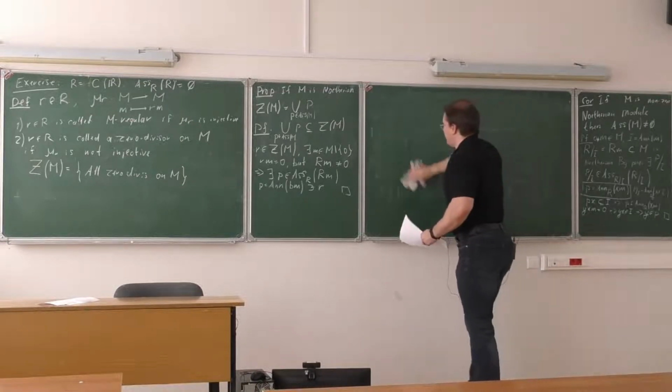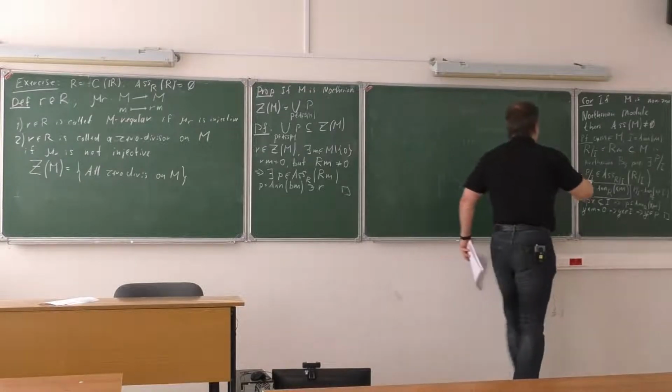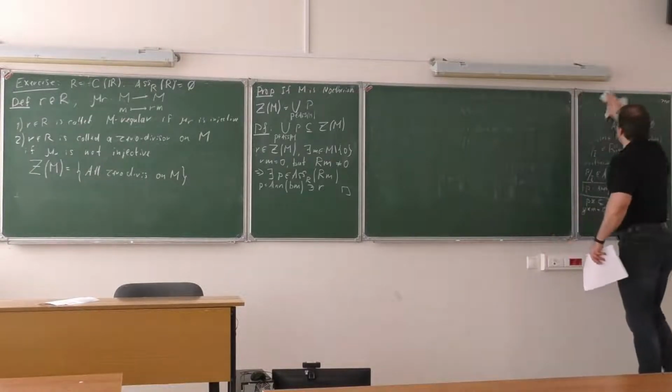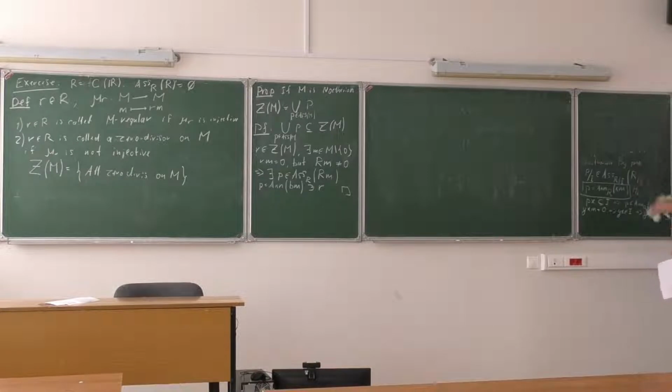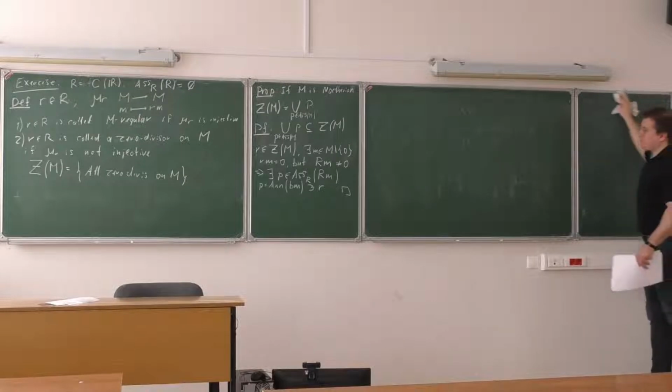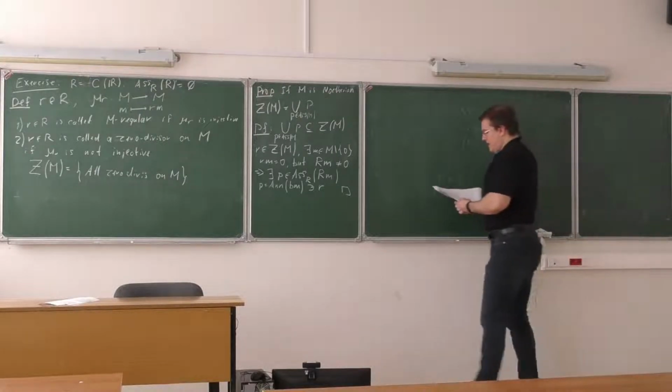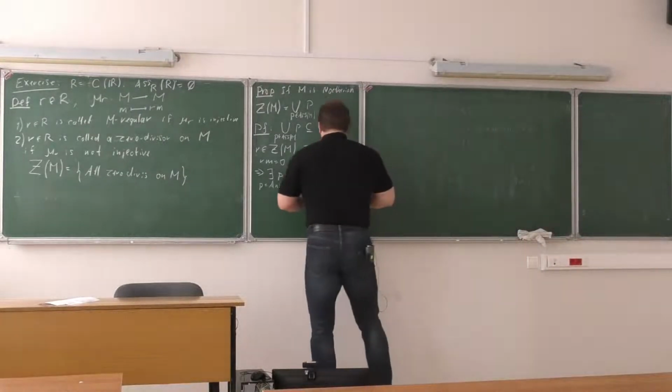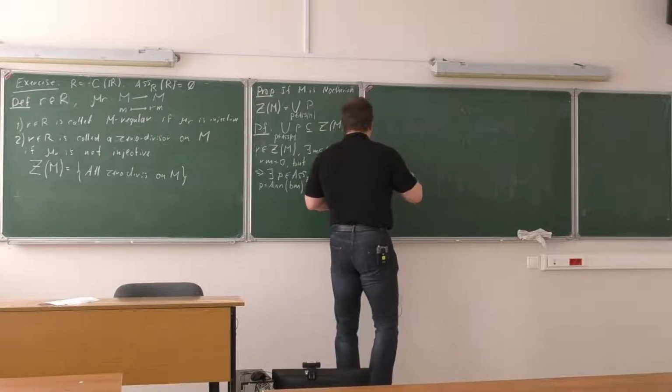Okay. So whenever we do some construction in commutative algebra, we usually want to check two things. So this is about modules. We want to understand how this behaves with respect to the extension of modules, and then the second step would be to understand how this behaves with respect to localizations.